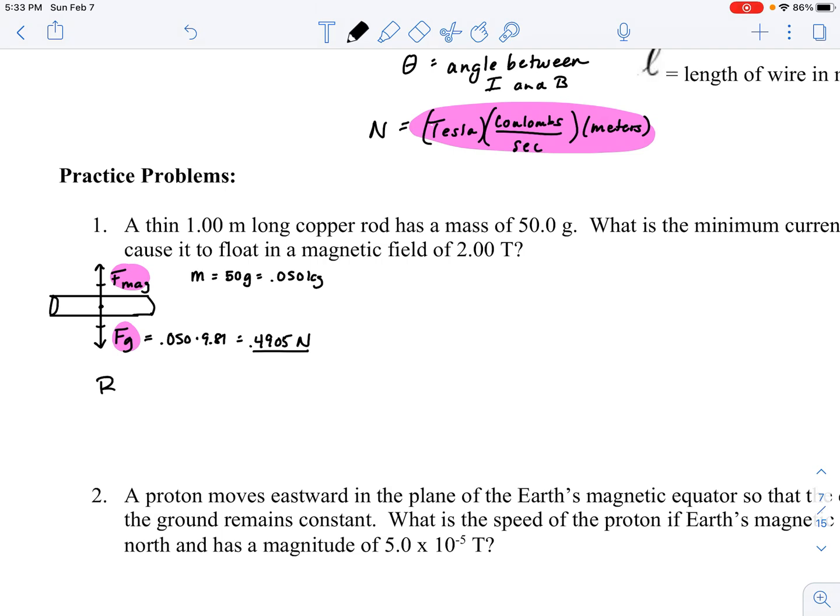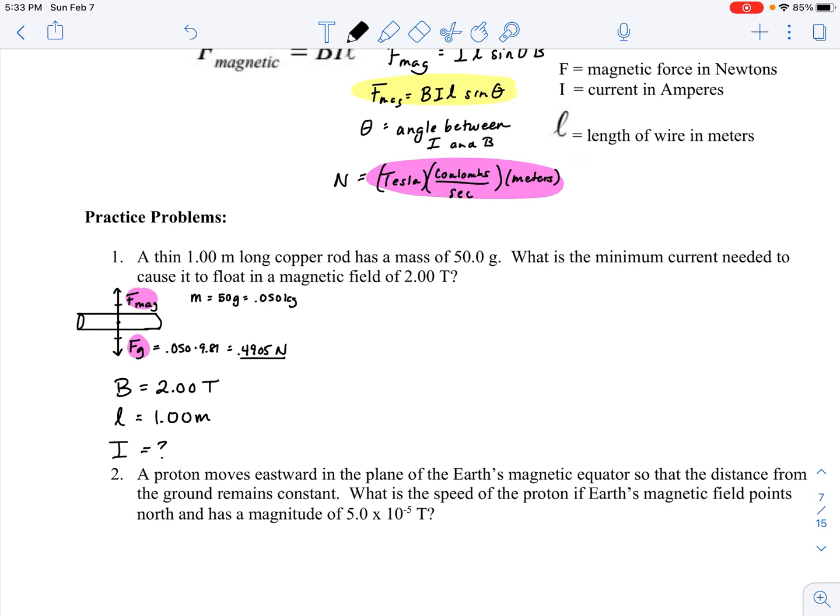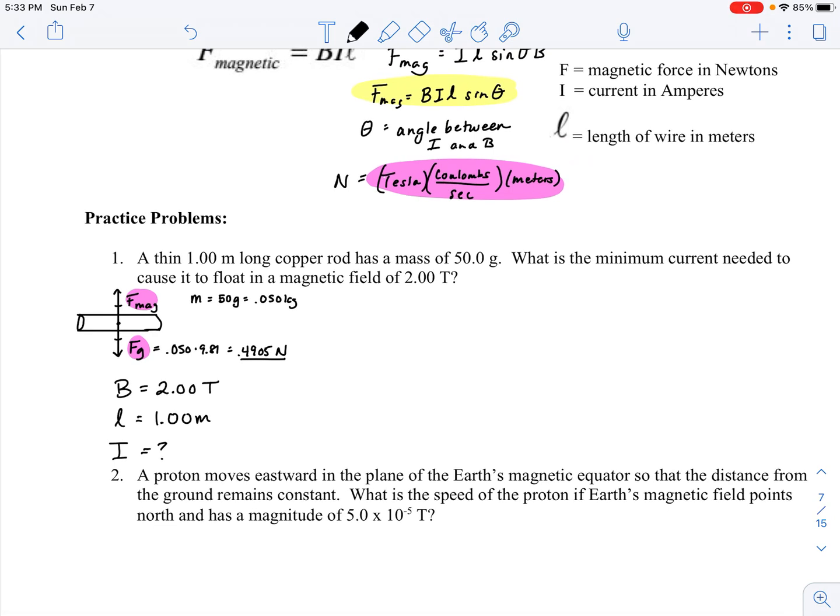So what else do I know? I know that the magnetic field is 2 Tesla. I know that the length of the wire is 1 meter. And I'd like to know the current. It looks like I must assume here that the magnetic field is oriented in the right direction because I don't have any information about angles. So I'm going to say that F equals BIL. I'm going to assume that everything is perfectly perpendicular.